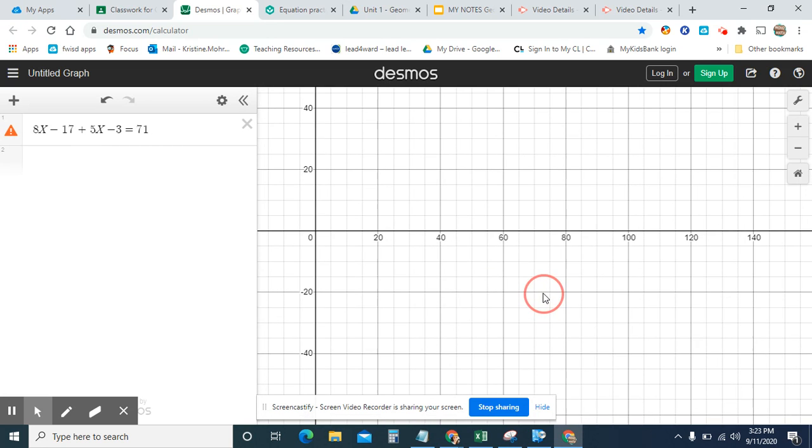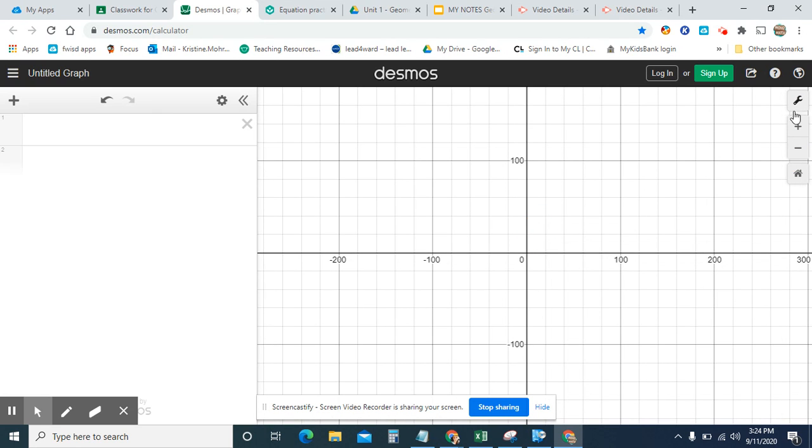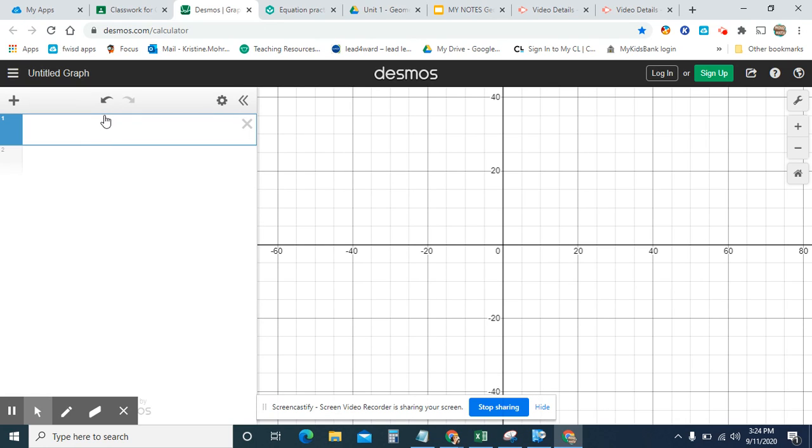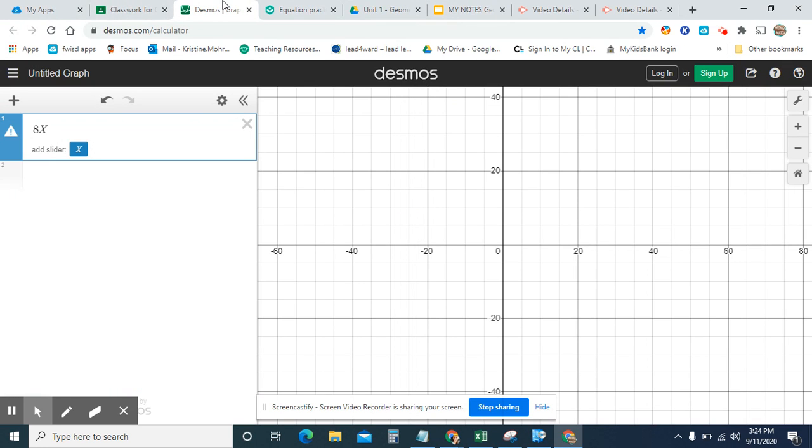Why is this not working? I tried this yesterday.